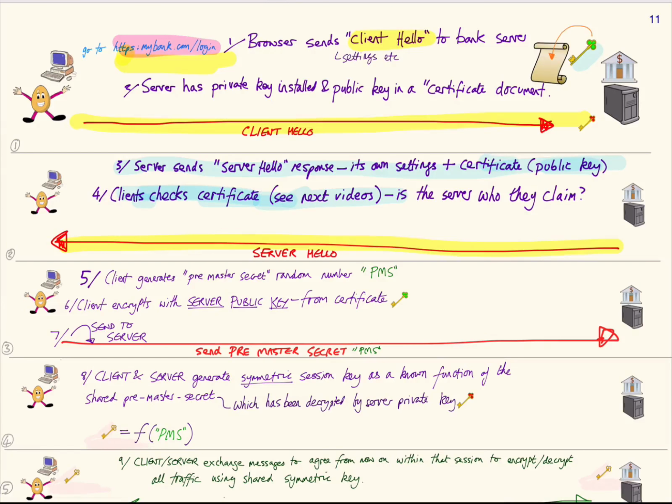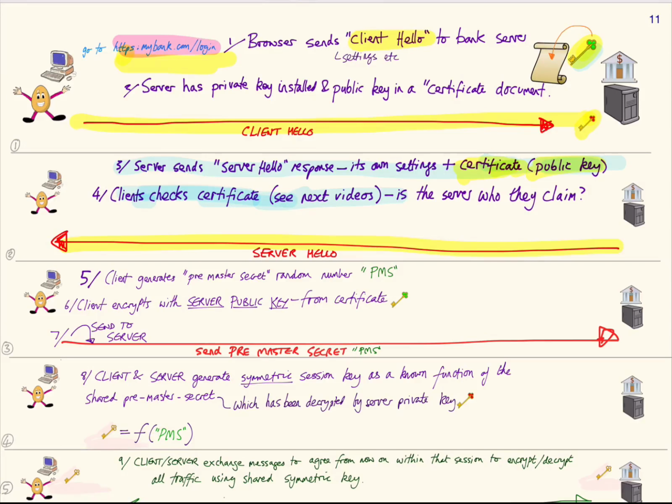I can do a video on it if you want, but I just want to illustrate the public-private key concepts, right? So the server sends this hello message accompanied by a document called a certificate, which contains the server's public key, right? The server, which I've drawn over here, has its own private and public key installed on its web server.